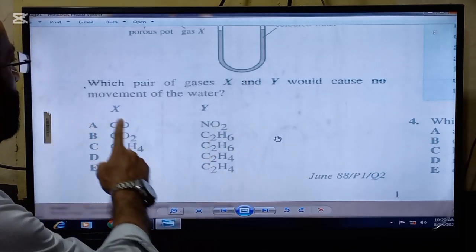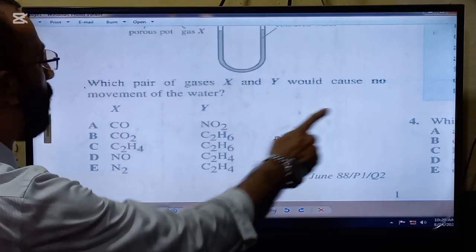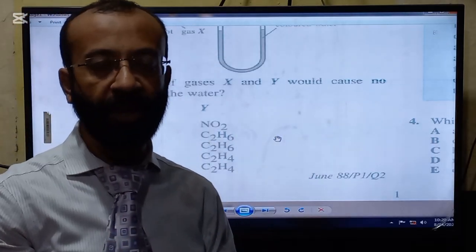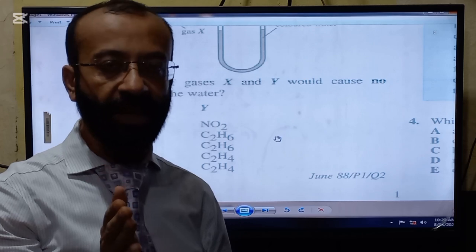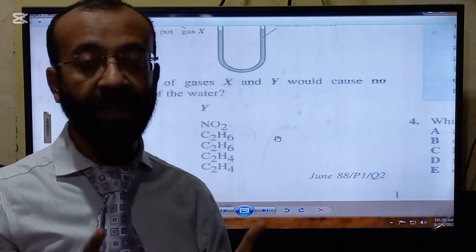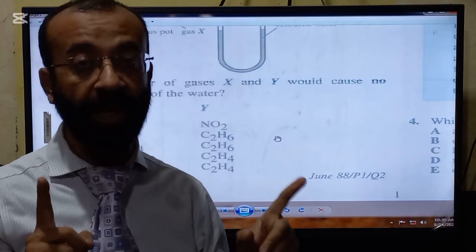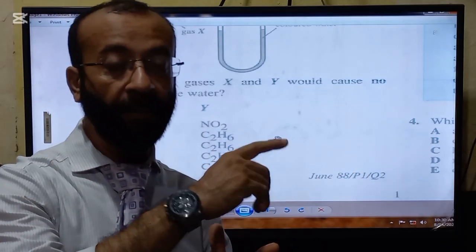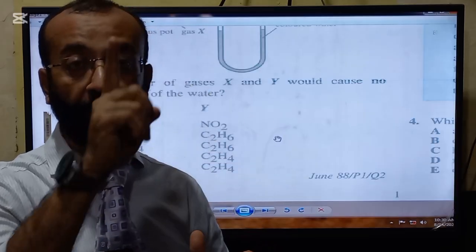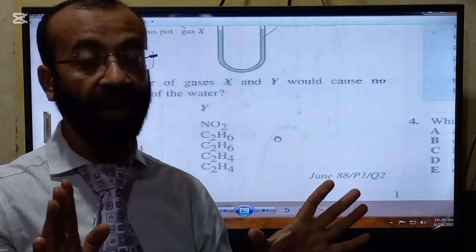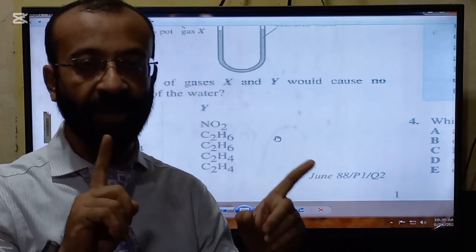Because the statement is which pair of the gases X and Y would cause no movement of the water, if there is no movement of the water, it means the density of the gases, or in other words, the relative molecular masses of the gases, will be equal. So the rate of diffusion of the gas coming out will be equal to the rate of diffusion of the gas coming in. So the relative molecular masses should be equal.